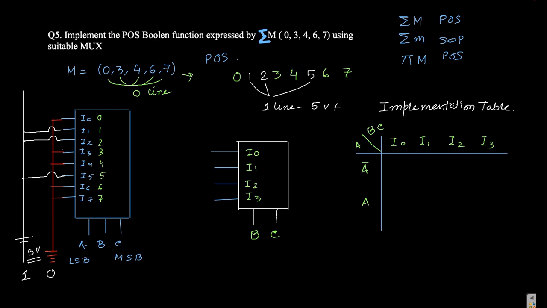Now the positions are: this is 0 position, this is 1 position, this is 2 position, and this is 3. Accordingly, this is 4, this is 5, this is 6, and this is 7.